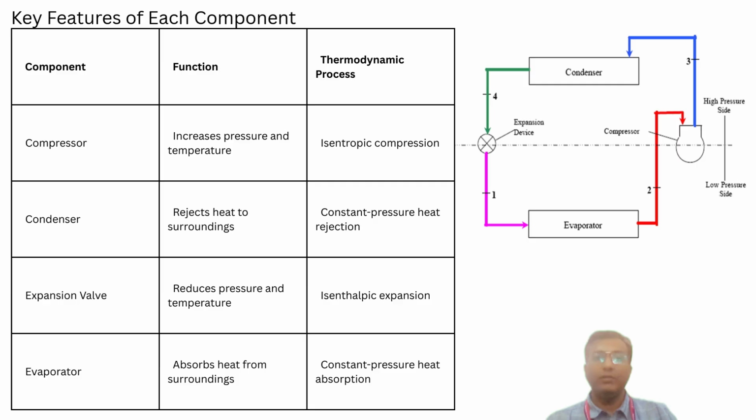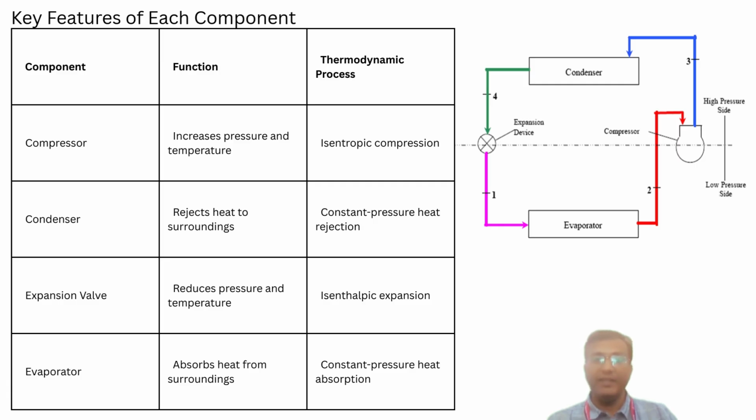Now, we will see the key feature of each component. First, as we have seen, the compressor. Its job is to increase the refrigerant pressure and temperature, turning low pressure vapor into high pressure superheated vapor.